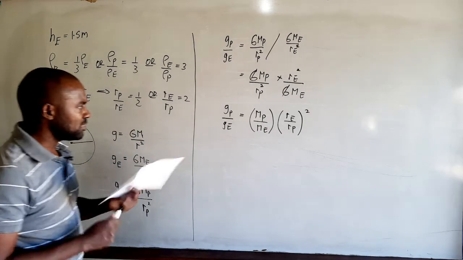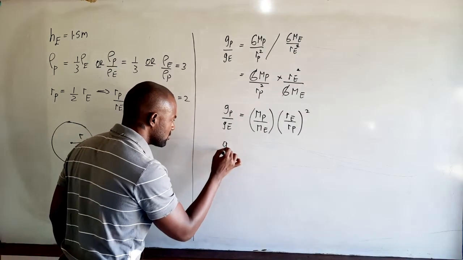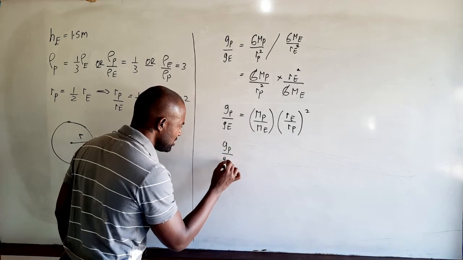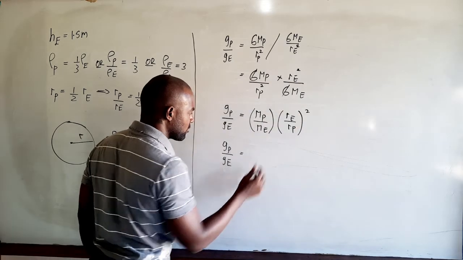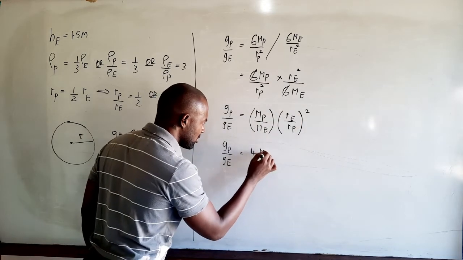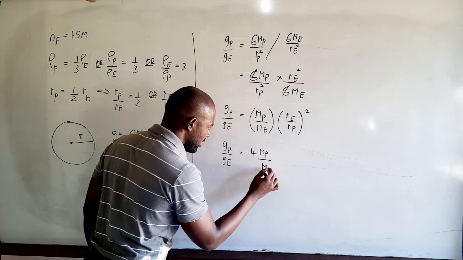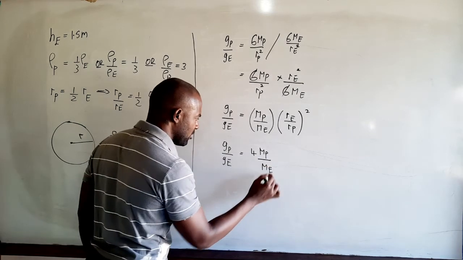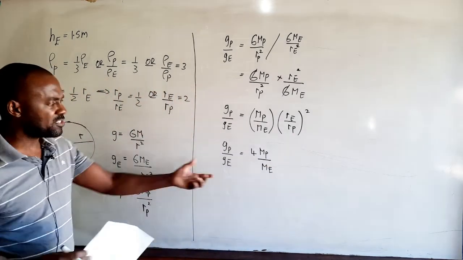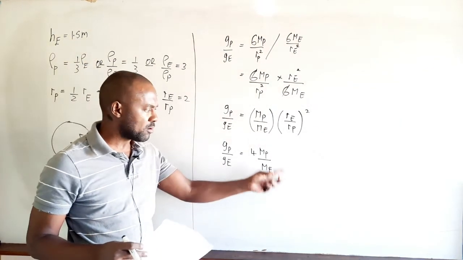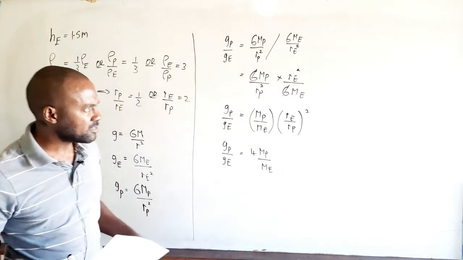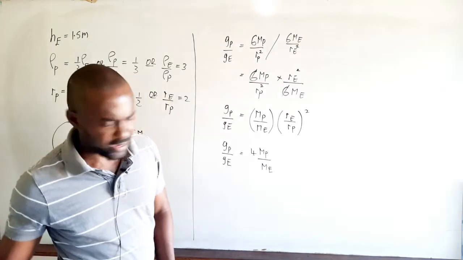So therefore this means that GP over GE is equal to 2 squared, that gives us 4, so this will be equal to 4 MP over ME. So therefore now, in order to find the ratio of the gravitational field strength of the respective planets, what we really need to find is the ratio of their respective masses, right? And that is what we will proceed to find.